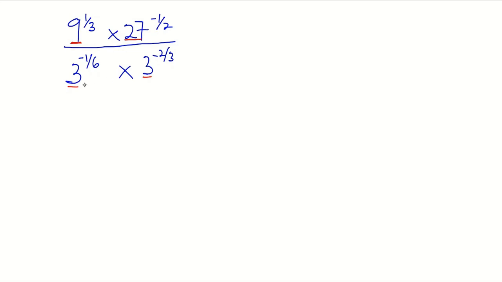And in doing so, 3 seems to be a base that cannot be changed. But we can go ahead and change 9 as 3 times 3. So possibly we know that 9 is equal to 3 times 3, that is equal to 3 exponent 2. And so we can change 9 to have a base of 3 and an exponent of 2.